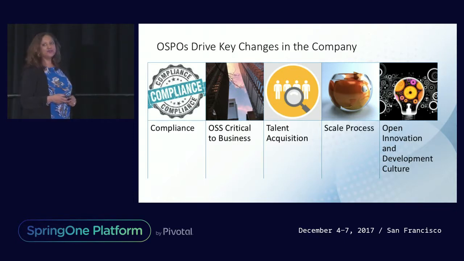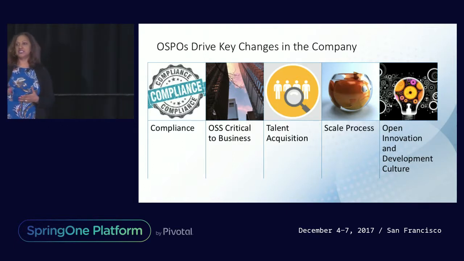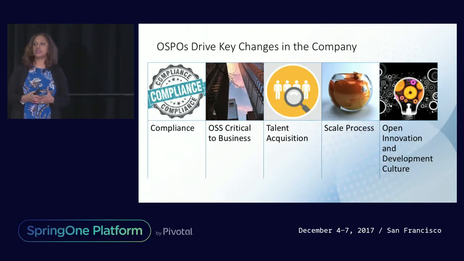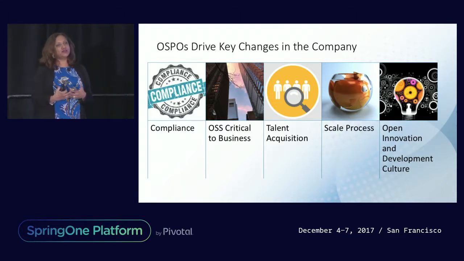The second one is wherever OSS, open source software, is critical to the business, we want to make it easy to connect with those communities. And Shilla will explain a little more about how we connect with communities as a company, especially those communities where we are very dependent upon the community from a software perspective.